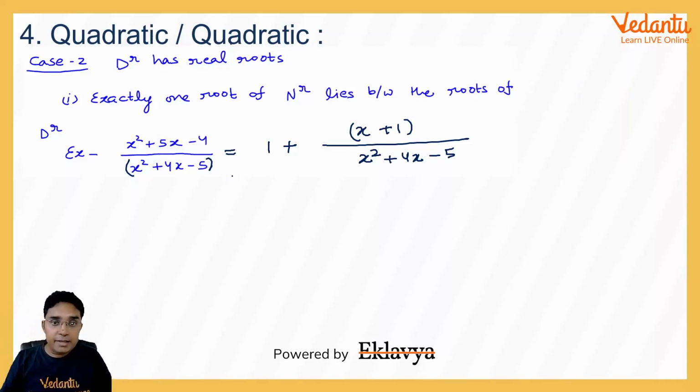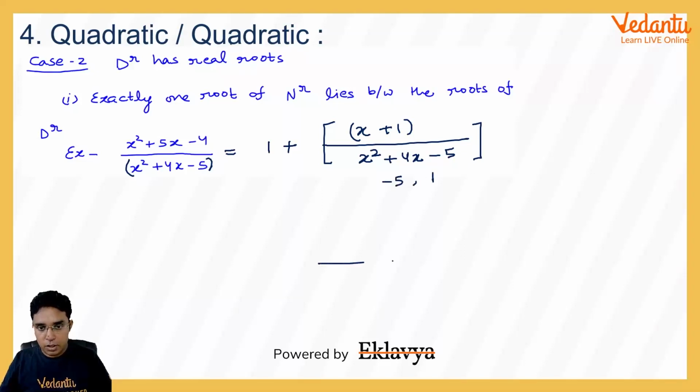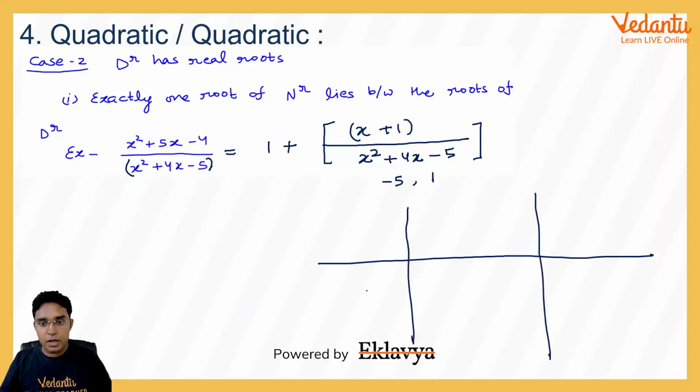I think we have done a question on this. If you remember, this is linear upon quadratic. Roots here are minus 5 and 1. Its root is minus 1. So whatever we got there, these were the danger lines, minus 5 here, 1 here, and 1 here.